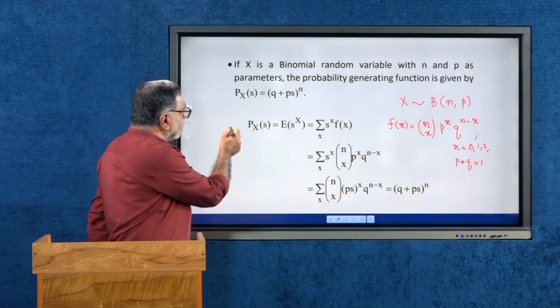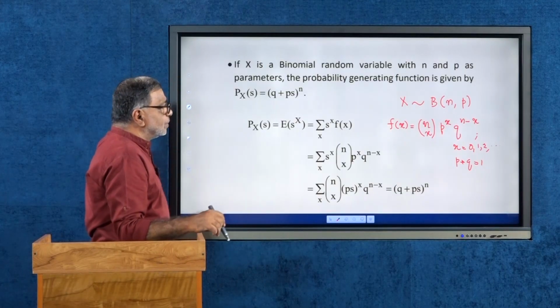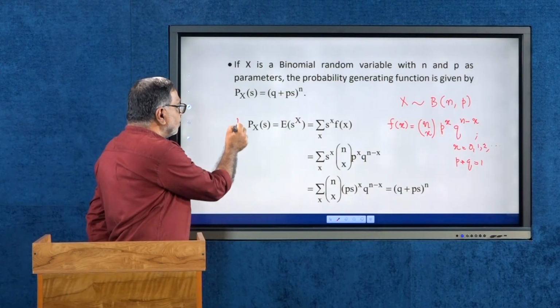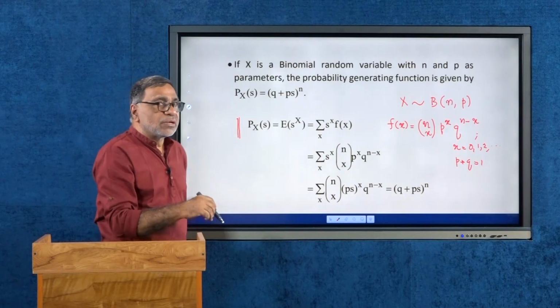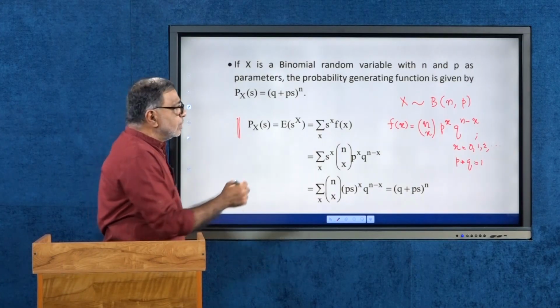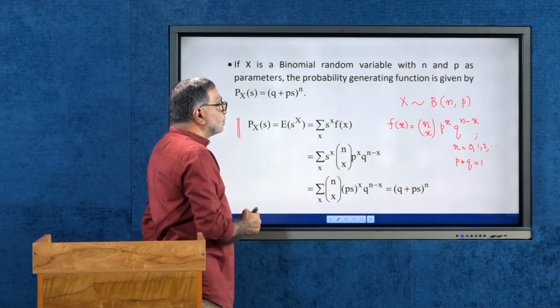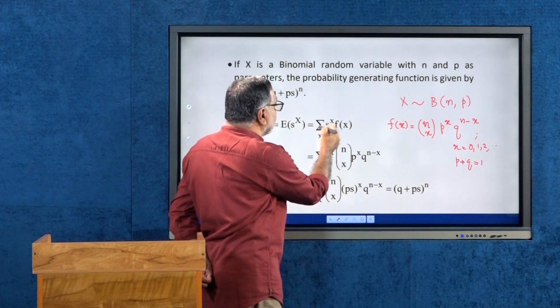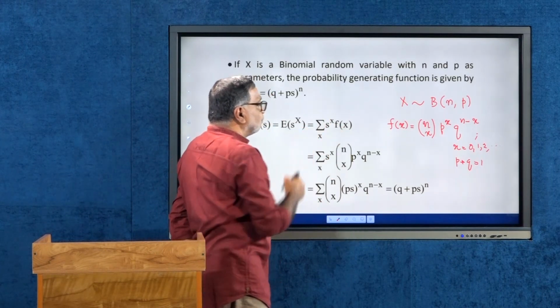So come to the definition of the probability generating function. P(s), that is our probability generating function, is the expectation of s power X, and by definition this is the sum over x of s power x f(x).